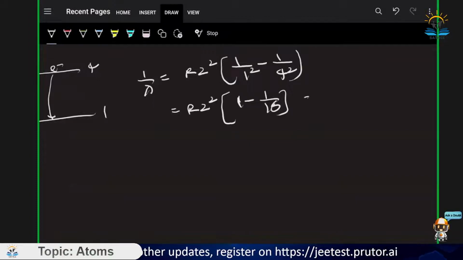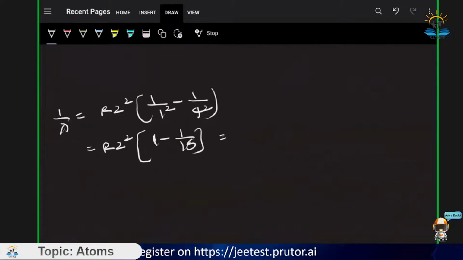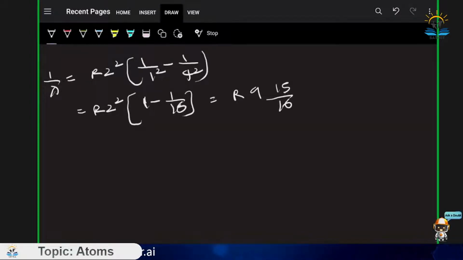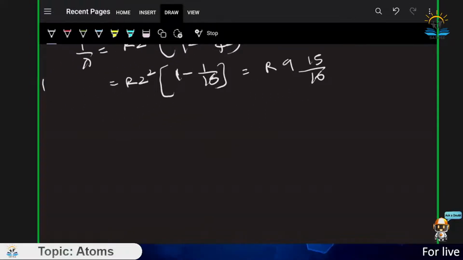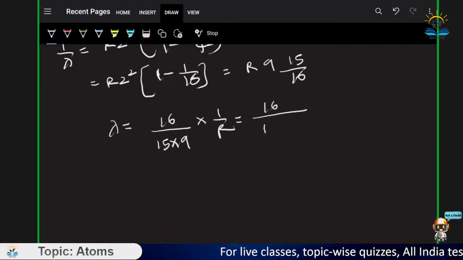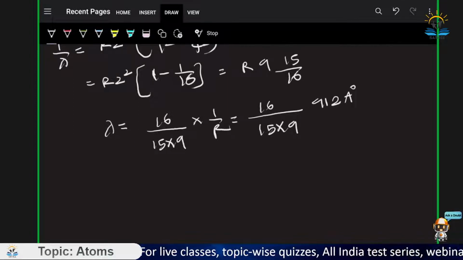It is lithium, Li2+, so Z is equal to 3. So R into 3 square, 9, into 15 divided by 16. So our lambda will be 16 divided by 15 into 9 into 1 by R. 1 by R we can write as 912 angstrom. So 16 divided by 15 into 9 into 912 angstrom.